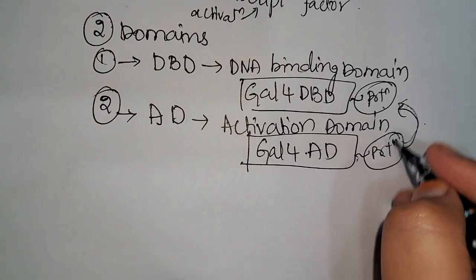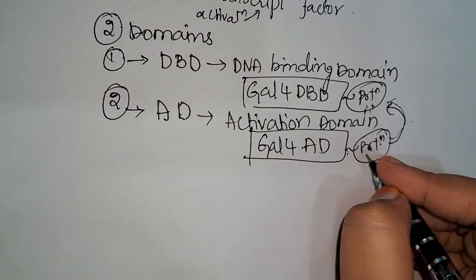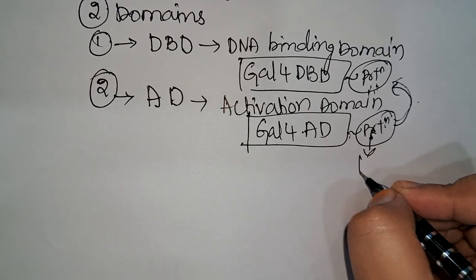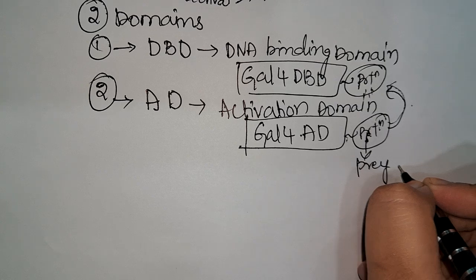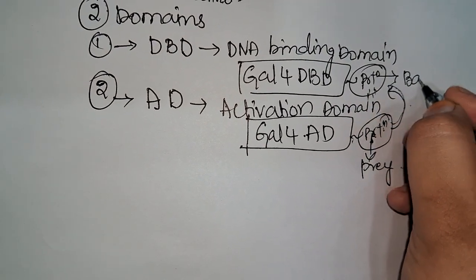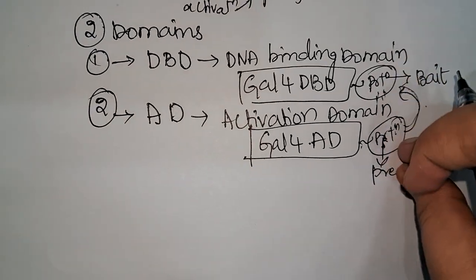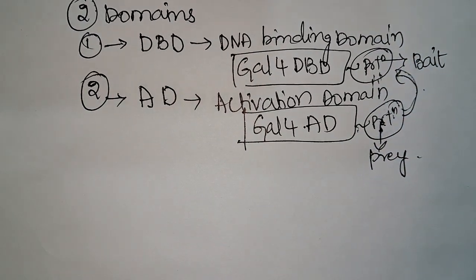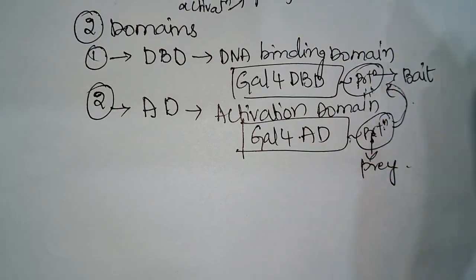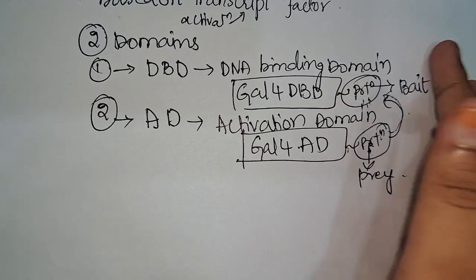So what are these two interacting proteins called? For GAL4 AD, the prey is the protein, and for GAL4 DBD, the bait is the protein used here. These two proteins interact with each other. When they interact, they will regulate the transcription.